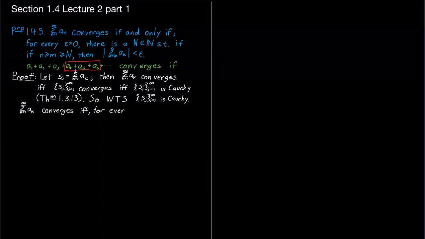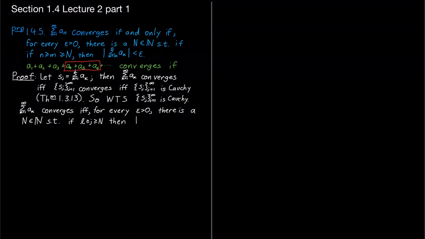For every positive number epsilon, there is a natural number N such that if, let's use numbers we haven't used yet, L is bigger than or equal to J is bigger than or equal to N, then S_L minus S_J is less than epsilon.